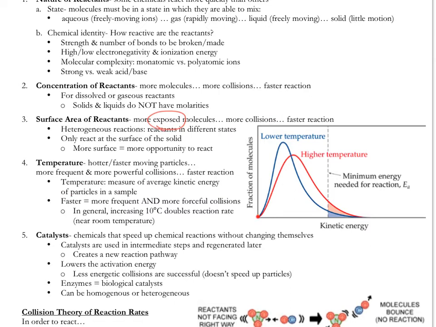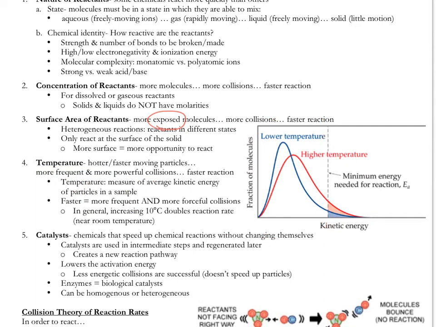What happens is as they heat up, at that higher temperature, we actually have a wider distribution of the kinetic energies. We have a larger number of faster moving particles. So instead of all of them clumping up at this speed, there's more at this speed, but then there's way more even at these hotter speeds. And what's important about this graph, and we'll get into this with activation energy and some other ideas, is these collisions have to occur with a certain amount of energy.